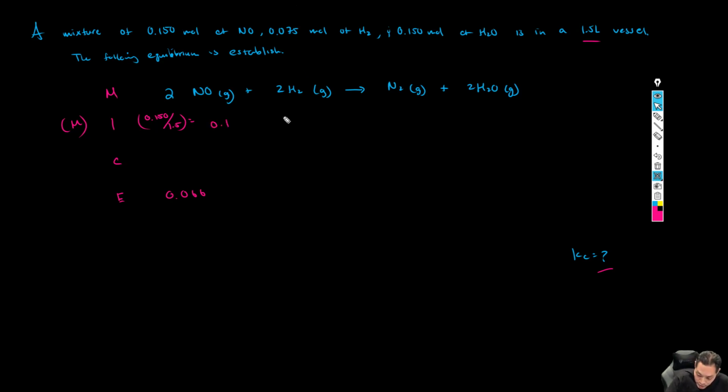And for the moles of H2, 0.075, we're also going to divide it by 1.5. That gives us 0.05, and then we have 0.1 moles of H2O, so it's the same here, 0.1 molarity.